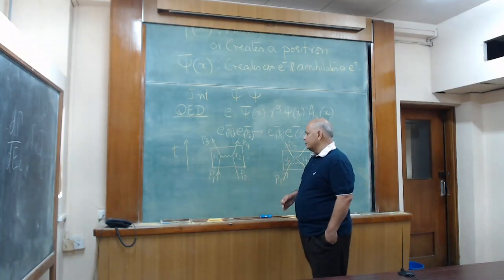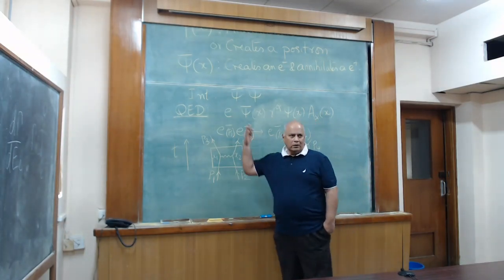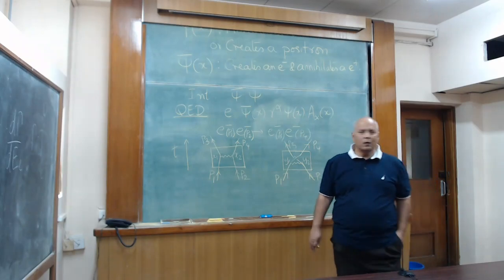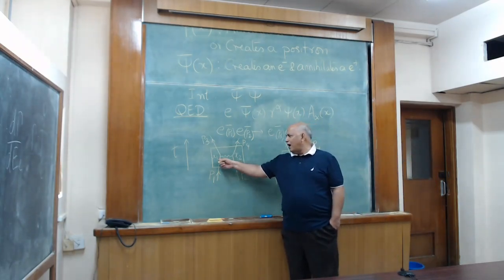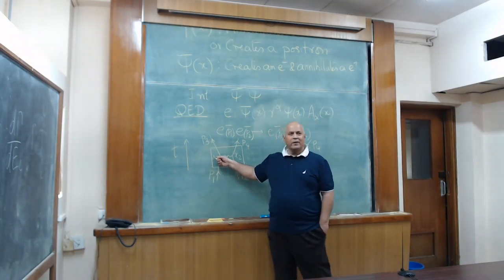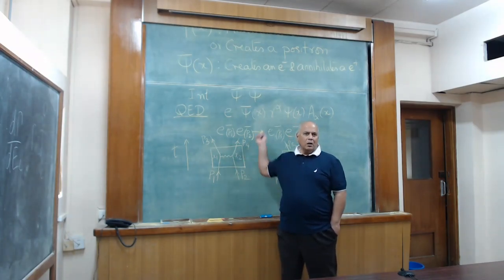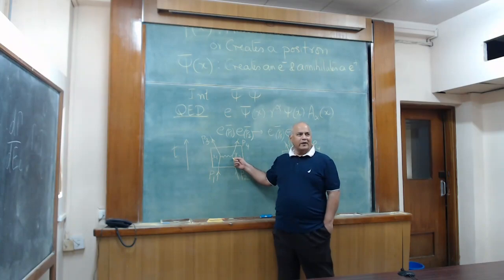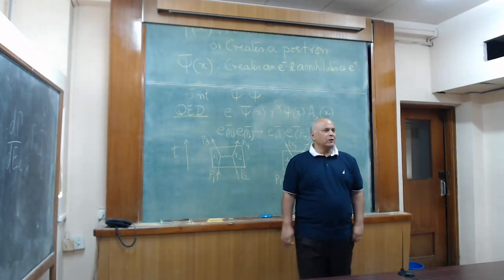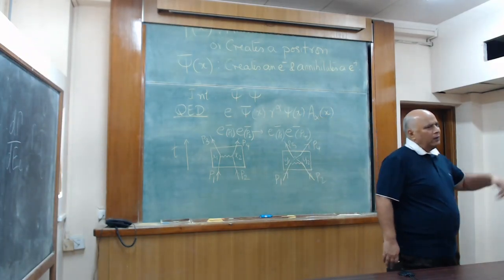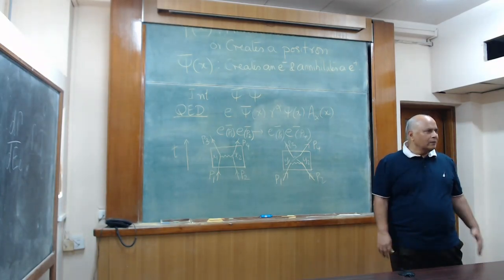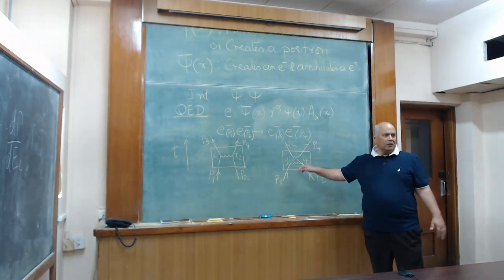And this is the famous progress made by Feynman, that he showed that if I add the two amplitudes, one where the photon is emitted at x1 and absorbed at x2, and the other amplitude where the photon is emitted at x2 and absorbed at x1, I get a relativistically invariant amplitude. This is the famous result of Feynman. And the same thing here also.